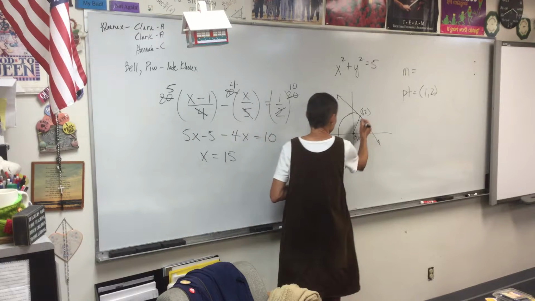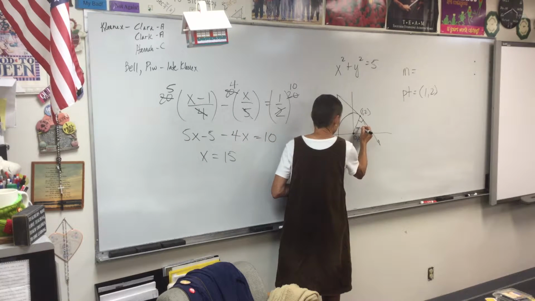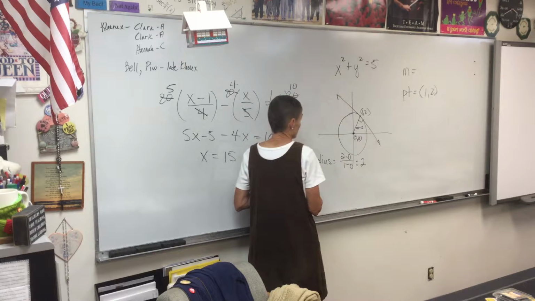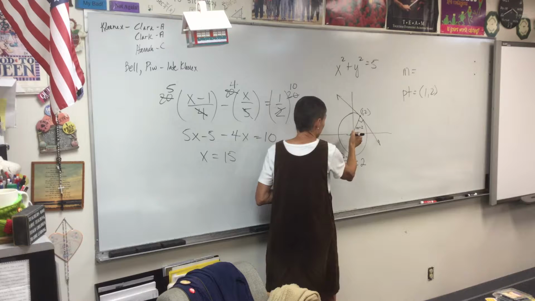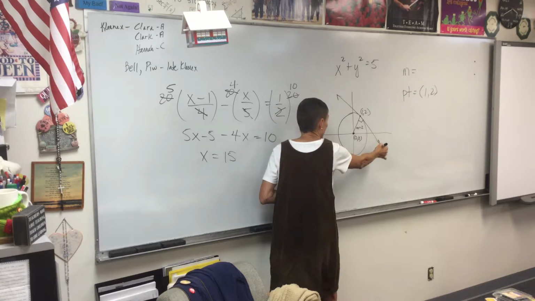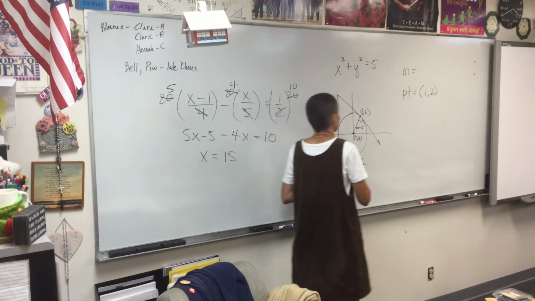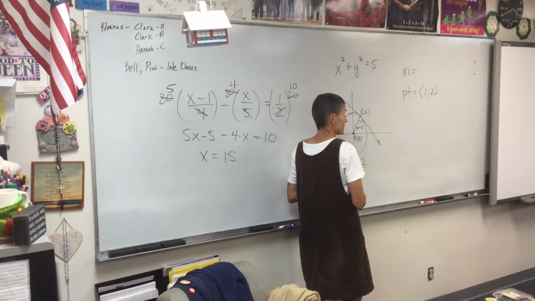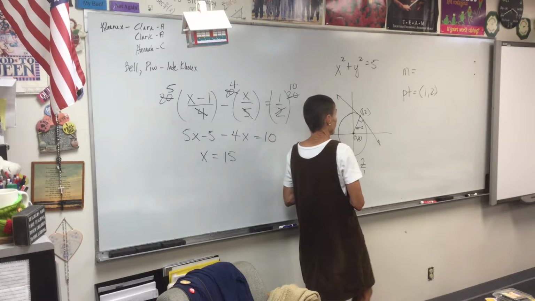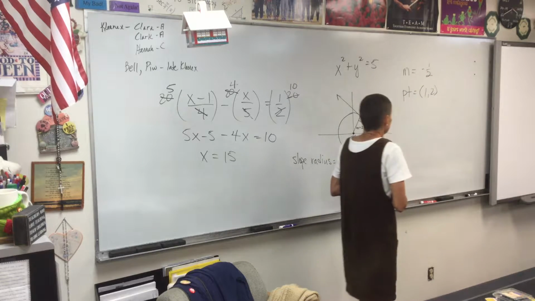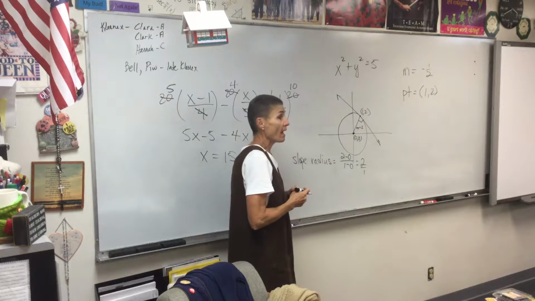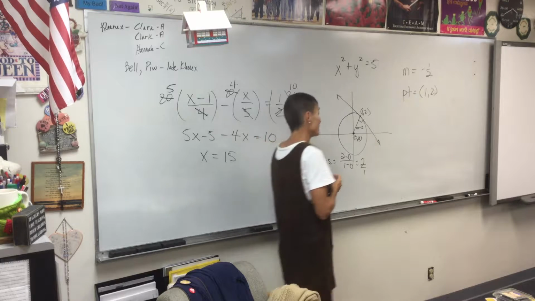Now remember, you already found the slope of the radius was 2. You need the slope of this line, but they're perpendicular. So what do you know about the slope of this line? It's the opposite reciprocal. So the opposite reciprocal of 2 over 1 would be -1/2. So now you have what you need.